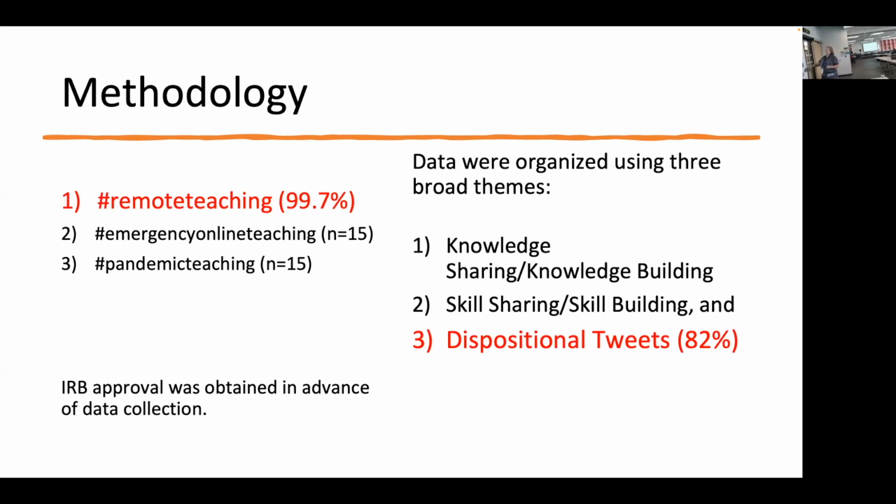But I received all this data, and I looked at dispositional tweets, whether they were proactively dispositional or sort of passively dispositional, and came up with approximately 82% of my data having a dispositional element to it. So those in red there is what we're looking at. And even though I was using public domain data, I did go through the IRB process at my university because they prefer that.